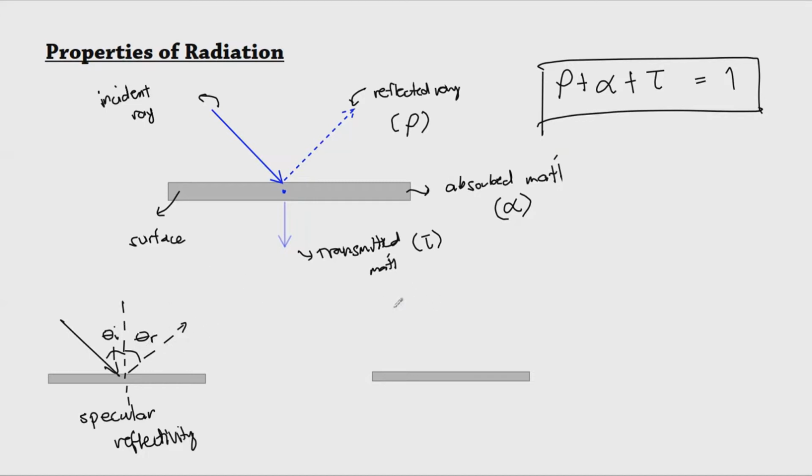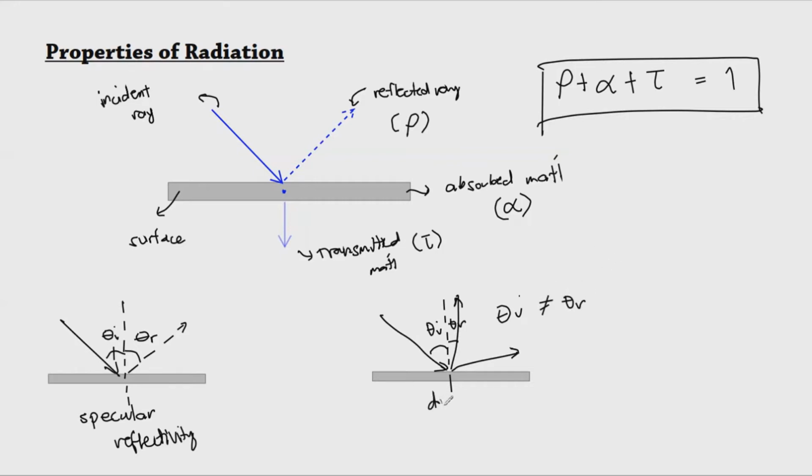Now, if we have a rough surface, so imagine this is the symmetry, then this incident ray will be reflected somewhere that is not at the angle of incidence. In this case, the incident angle is not equal to the reflected angle.